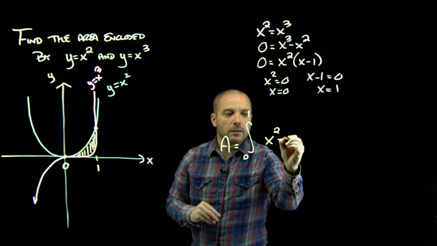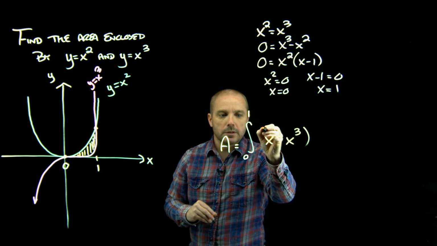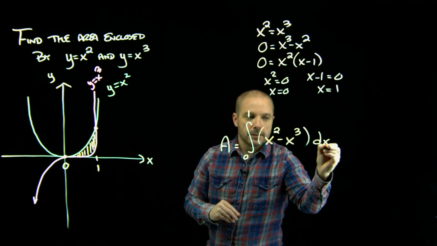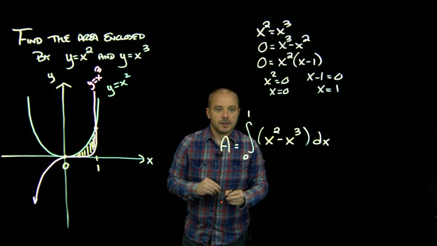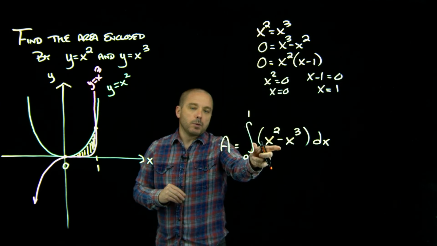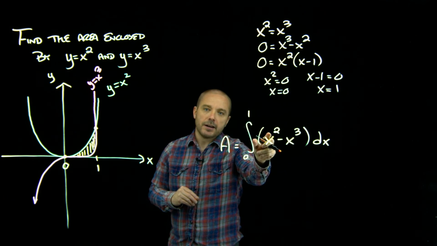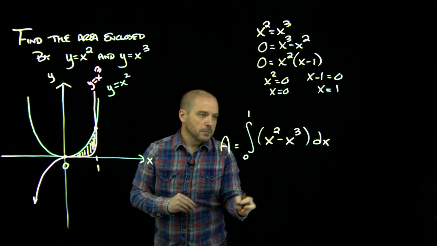So the integral is x squared minus x cubed dx. Now all we have to do is apply the fundamental theorem of calculus, find our antiderivative, and plug in our limits.